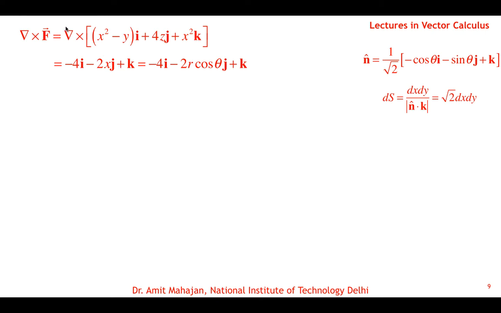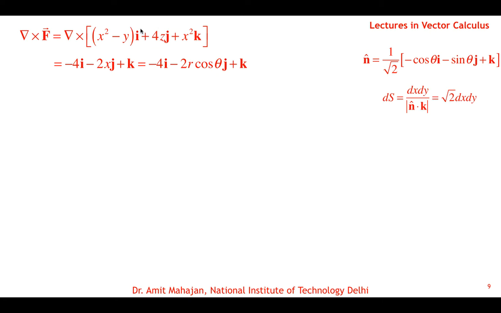The first row is i, j, k, the second row is the partial derivatives with x, y and z, and the third row is the components of F. With i cap we get the y derivative of this minus the z derivative of this. The y derivative of x square is 0, minus the z derivative of 4z, which is 4, so we get minus 4i.